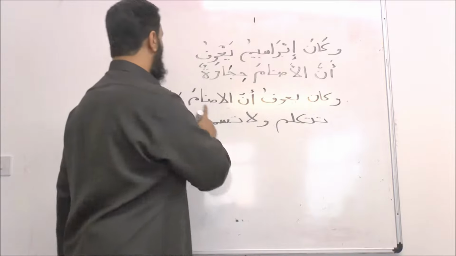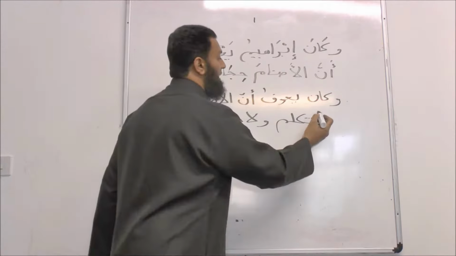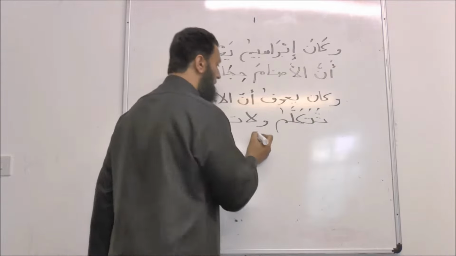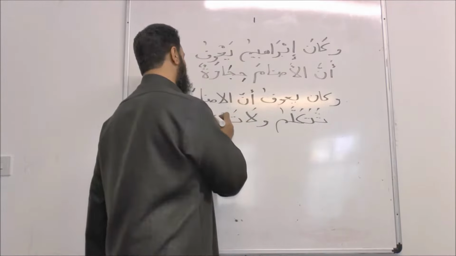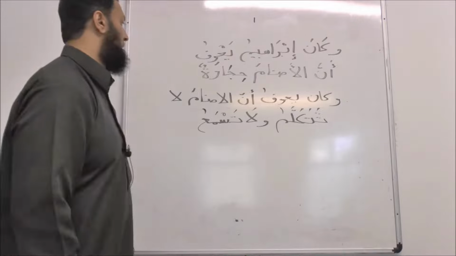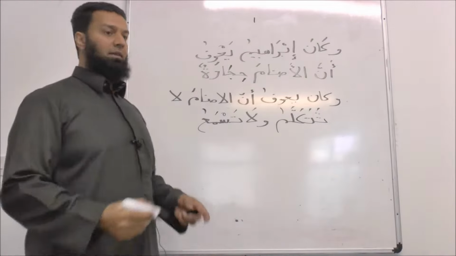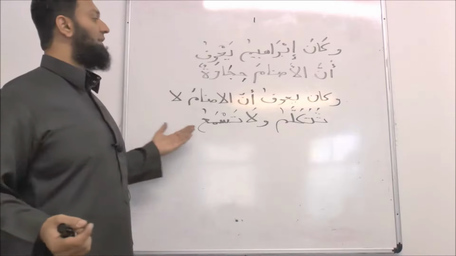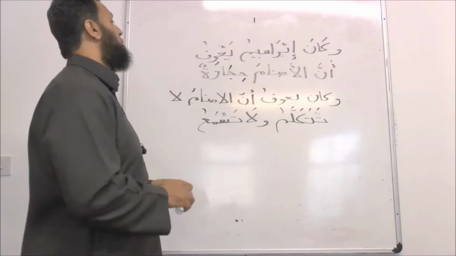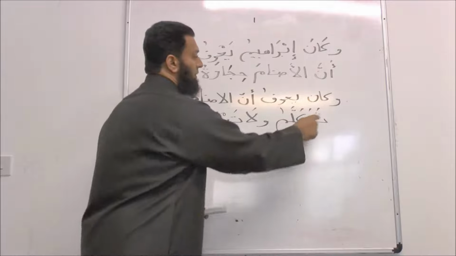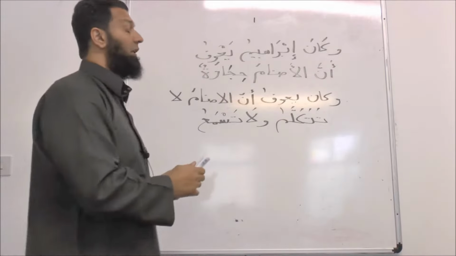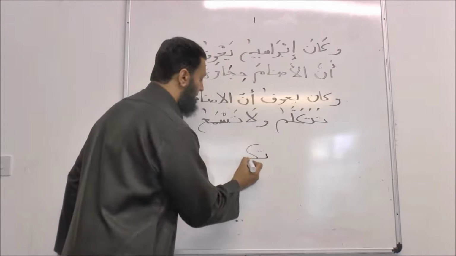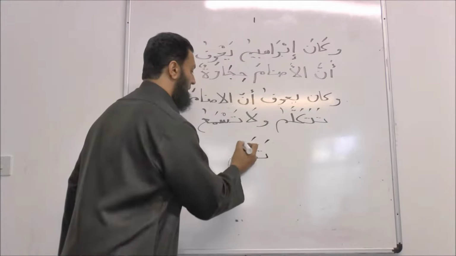First of all, what does لا تتكلموا mean? تتكلموا ولا تسمعوا. Don't talk. This is good, isn't it? What is our root verb here? It's important that we spend time on this because it's a very common verb. تكلم means he spoke.